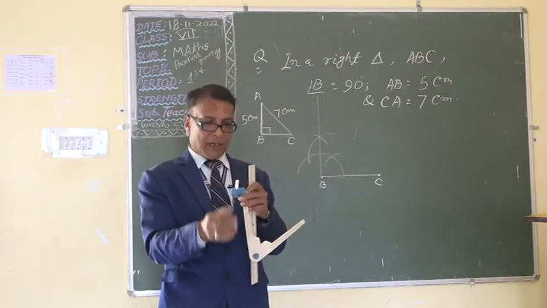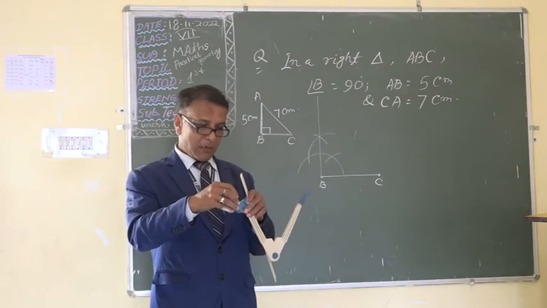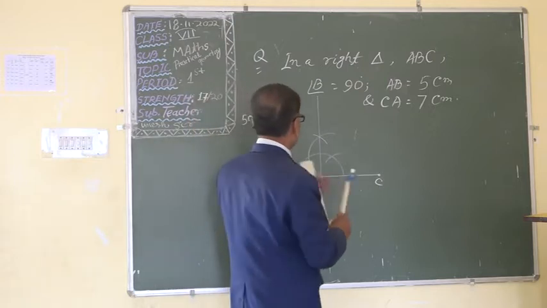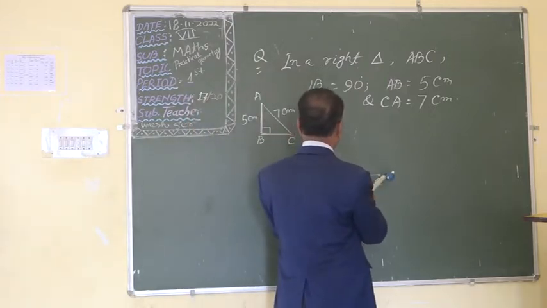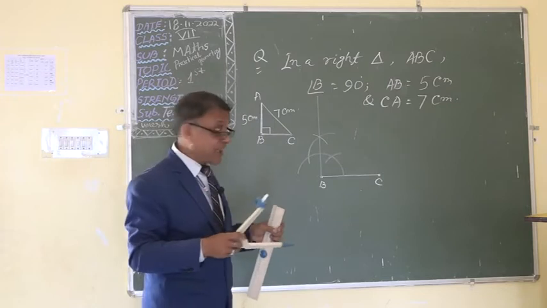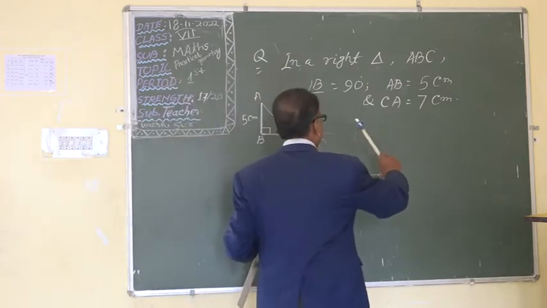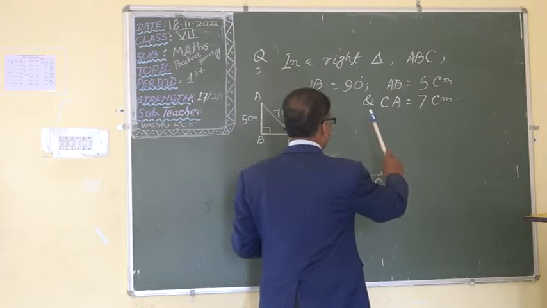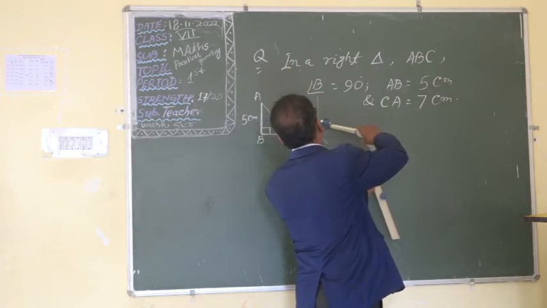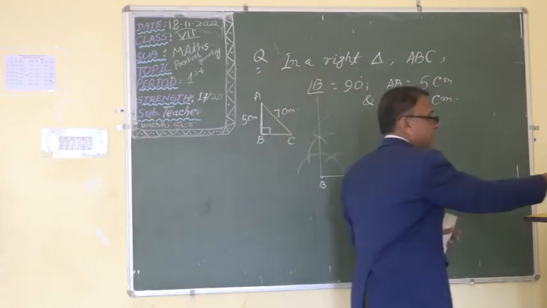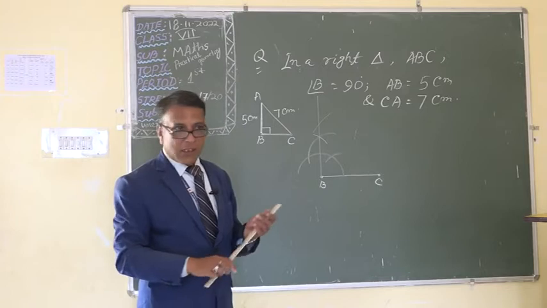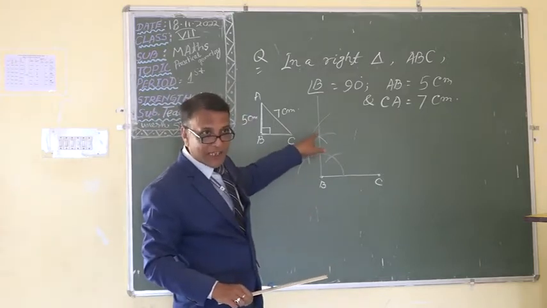Okay. Then after measuring 7 centimeter from your scale, from this point C, you cut one arc upon this perpendicular line, because this length is 7 centimeter. So from this point, taking 7 centimeter length, you cut upon that perpendicular line.